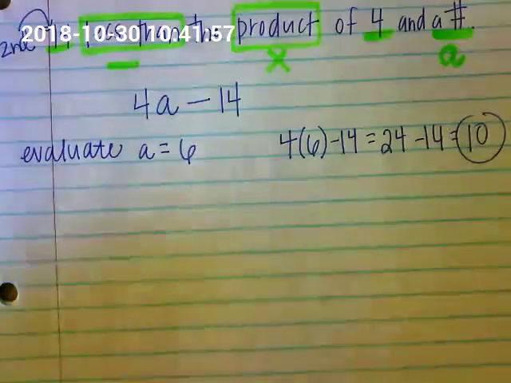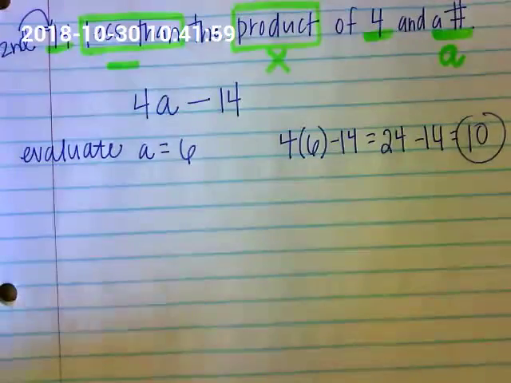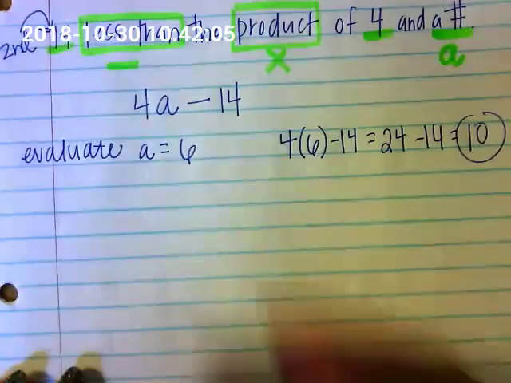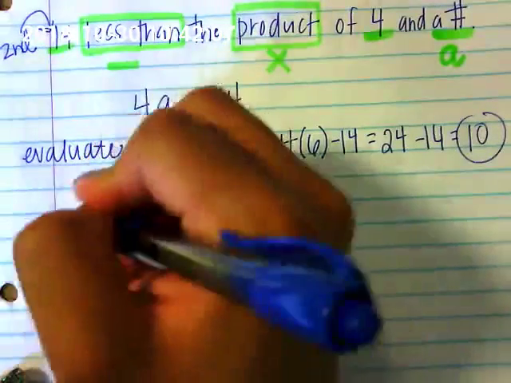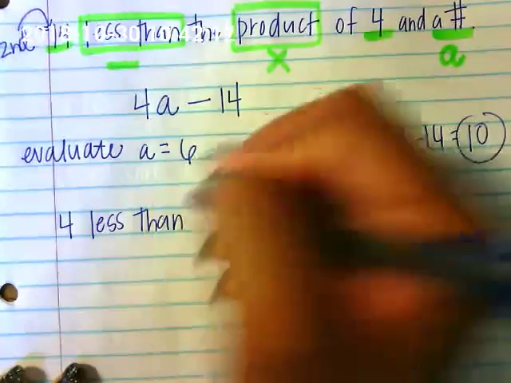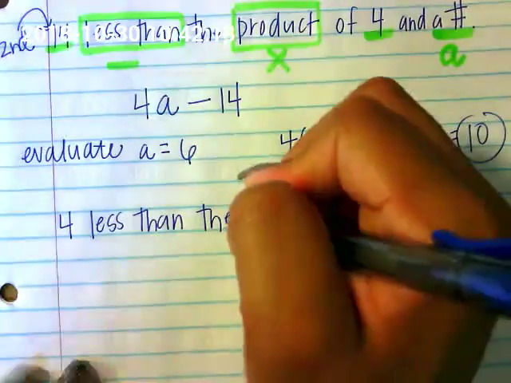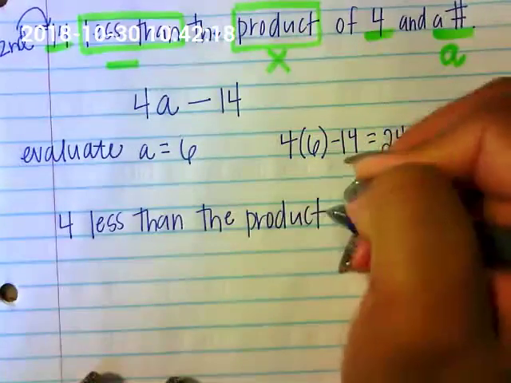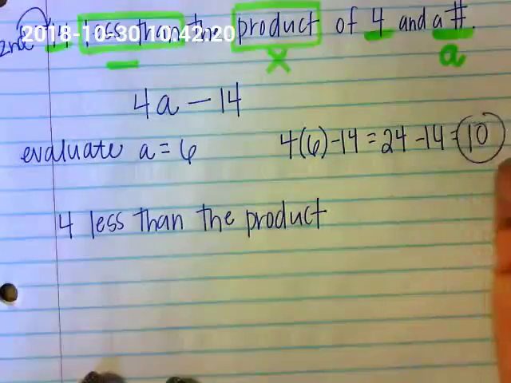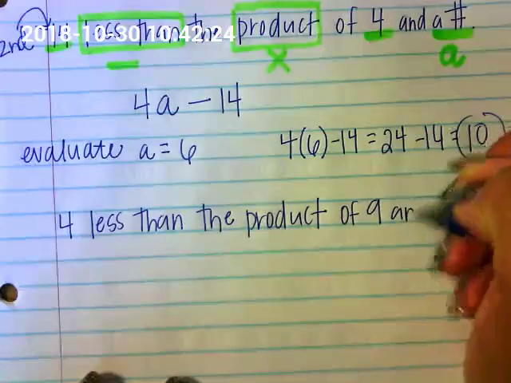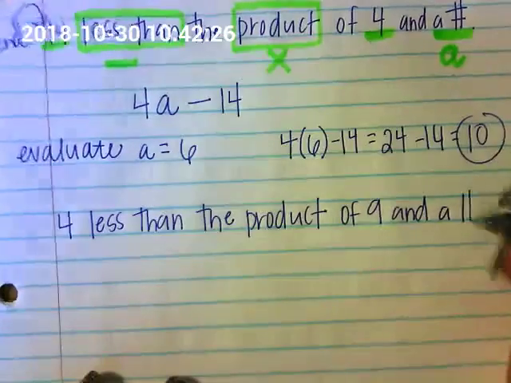All right, let's do another example. Four less than the product of 9 and a number.